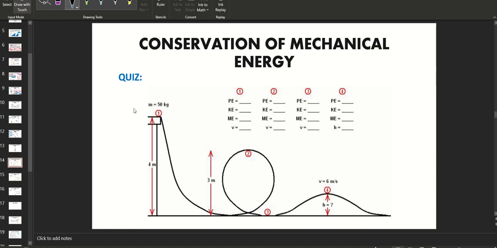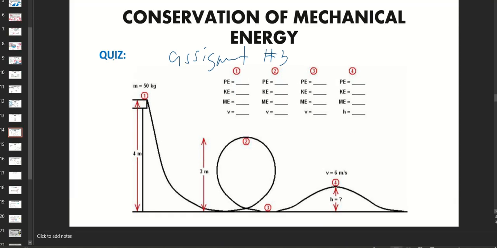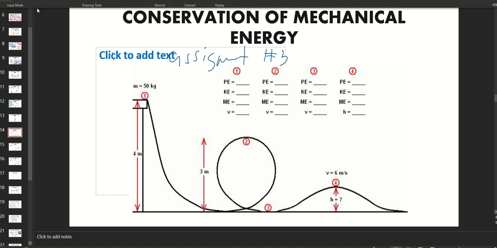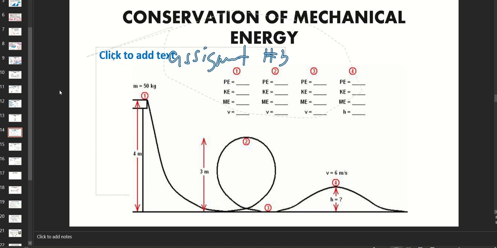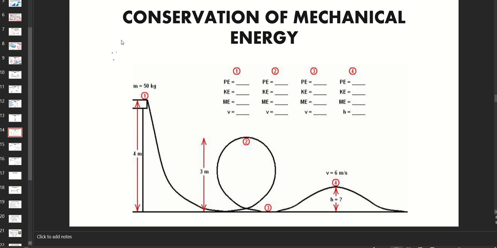Gawin ko na assignment number 3. So, another assignment. Gawin natin yung assignment number 3 yan. Kasi madaya si Sir Ikan eh. Yung mga text. Bakit ganyan yan? Okay, don't care.